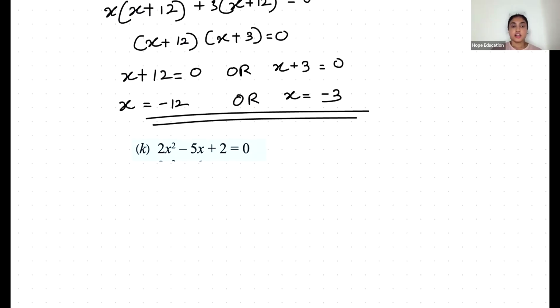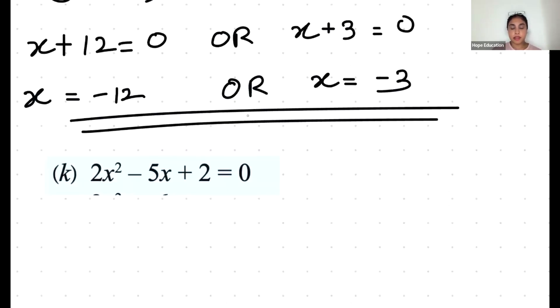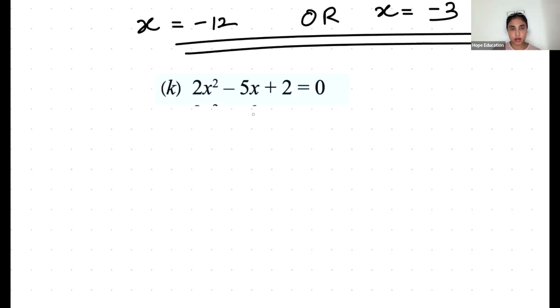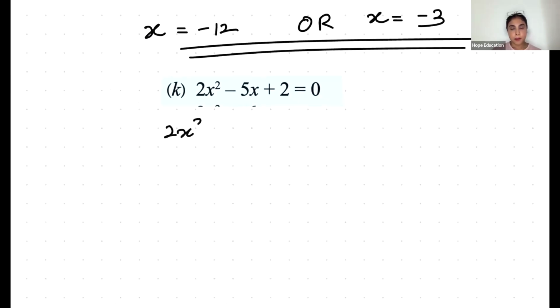Okay. So when you factorize, it should come like this, right? 2x squared minus 4x minus x plus 2. Then if you take the first two, 2 is common, x is common, so I take them out. So taking 2 and x, 1x is remaining. Here taking 2, 2 is remaining.